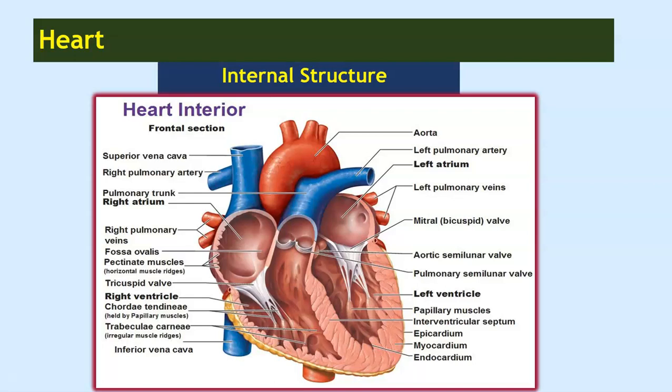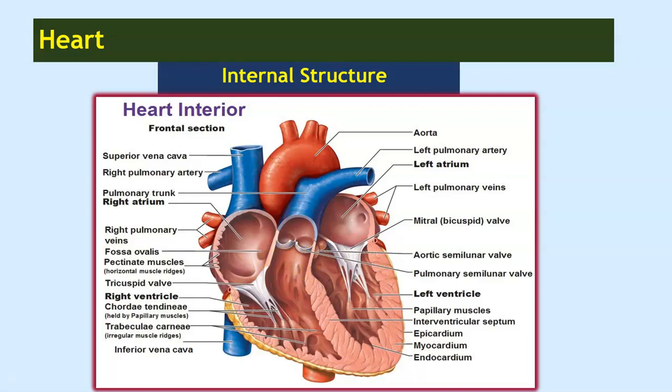The superior vena cava, inferior vena cava and the coronary sinus, all these three open here into your right atrium. Opening of your inferior vena cava is guarded by the Eustachian valve, and the Thebesian valve guards the opening of the coronary sinus into the right atrium.